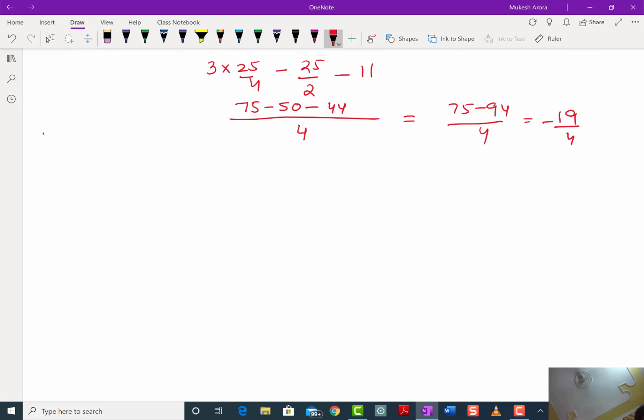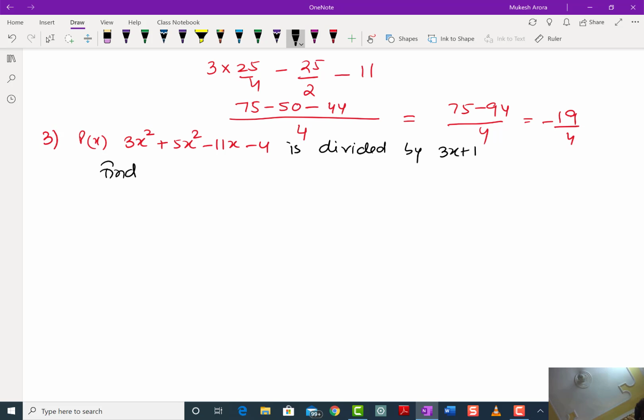So the third question is: p(x) is equal to 3x cube plus 5x square minus 11x minus 4, p(x) is divided by 3x plus 1. Find the remainder.